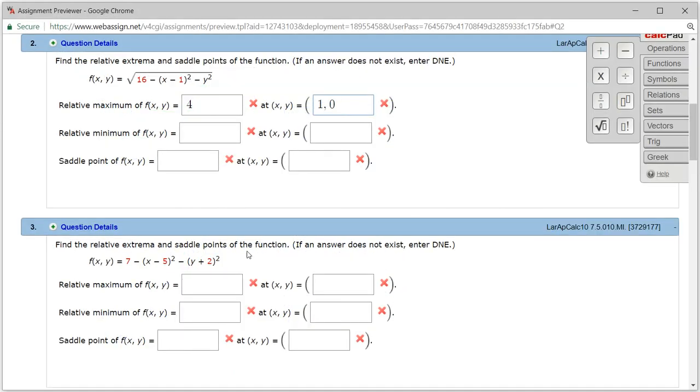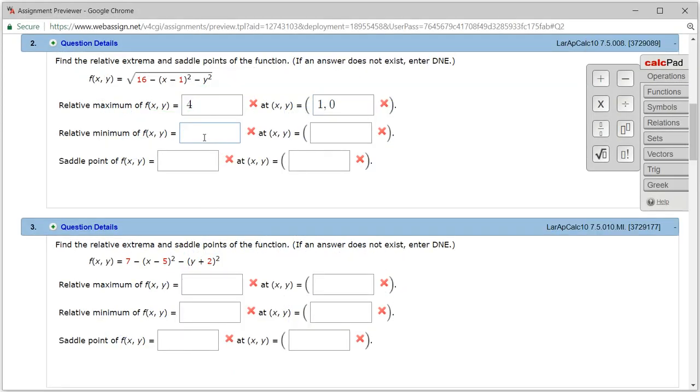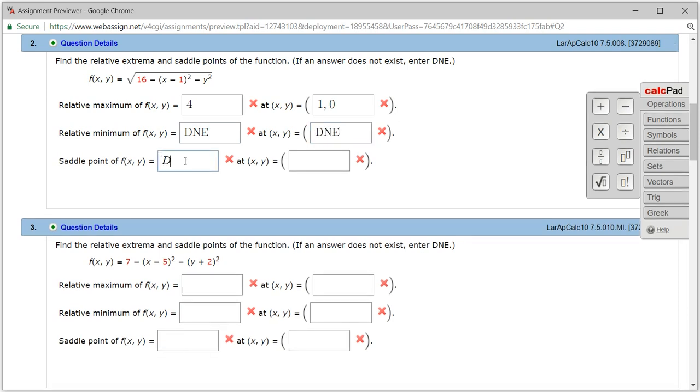That's the only one, so everything else does not exist, so I have to put DNE. There's no saddle point, so DNE. We have DNE.